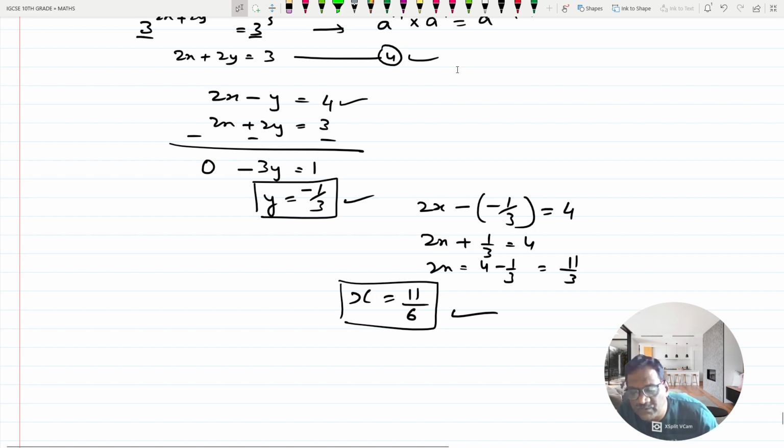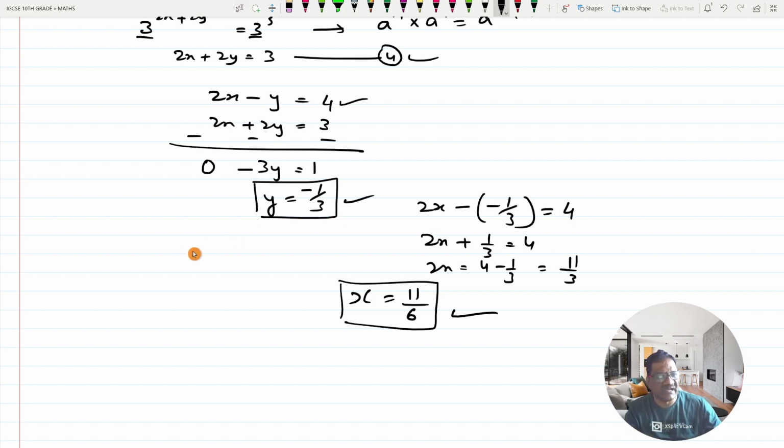I suppose in the book, is it minus 1 upon 3 or 1 upon 3? It has to be minus 1 upon 3. No, it's not 1 upon 3. In the book behind, I'll tell you what has happened.